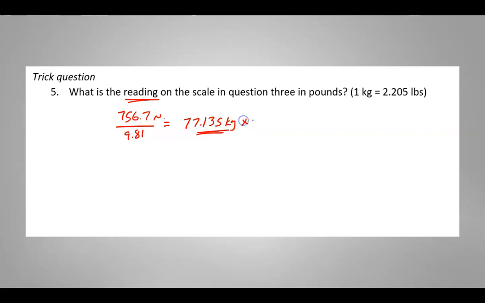And so we're going to multiply that by 2.205 pounds per 1 kilogram. Which means it's going to show 170 pounds. Even though in actuality, they're only about 154 pounds.